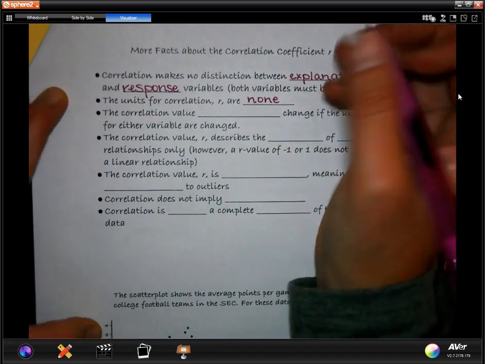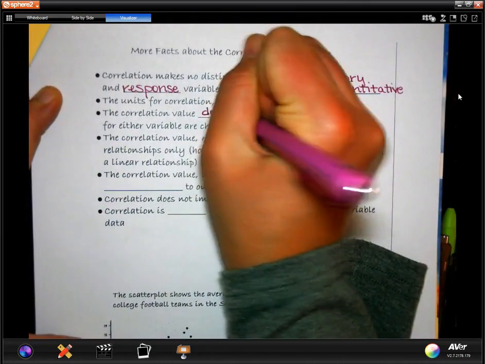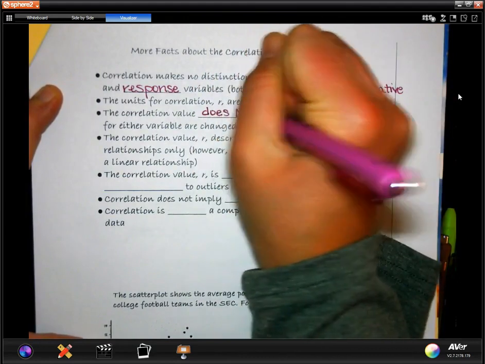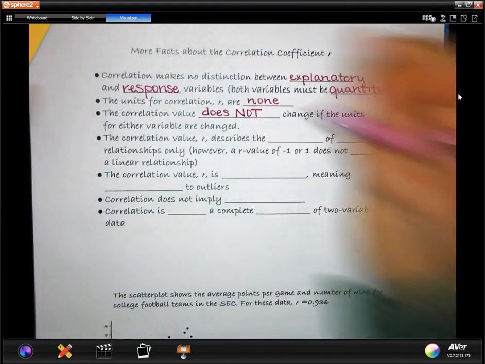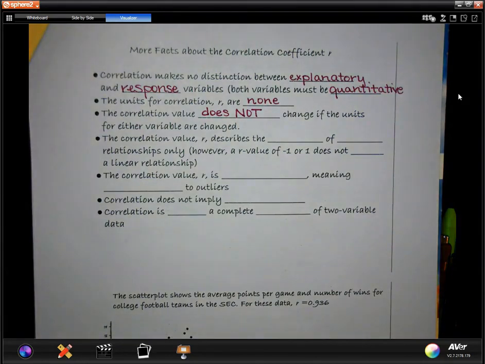The correlation value does not change if the units for either variable are changed. So let's say you're looking at the correlation between height and weight, and you measured height in inches because we're in the US, and then somebody said, oh, you should put it in the metric system, so you changed all the heights to centimeters.